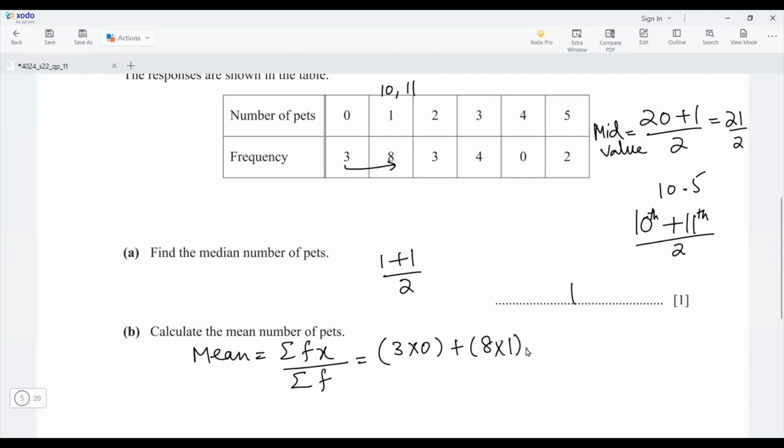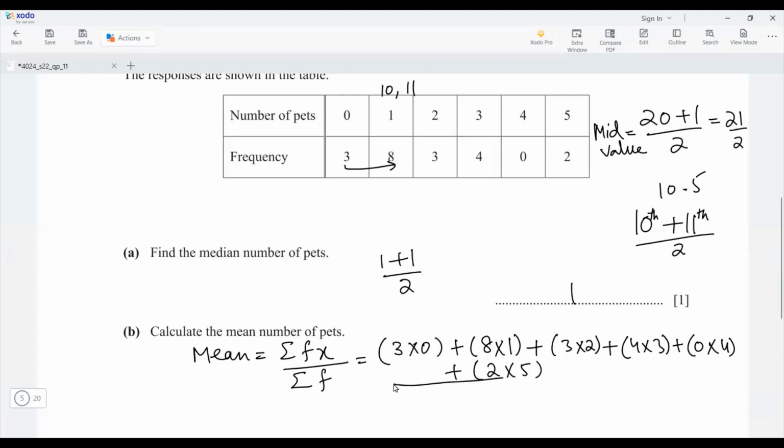8 times 1, and then plus 3 times 2. Similarly, in the next column, it is 4 times 3, and similarly, it is 0 times 4, and the last one is 2 times 5. So these are basically the sum of data.